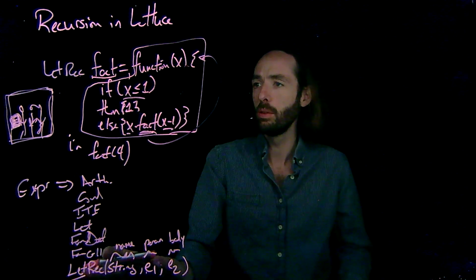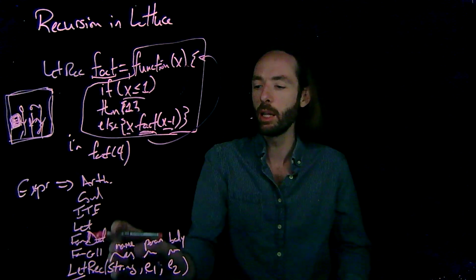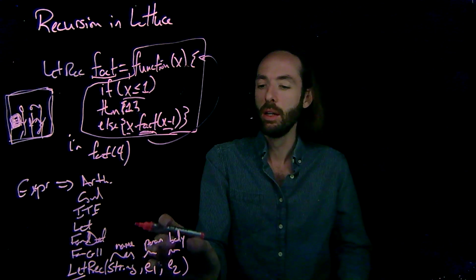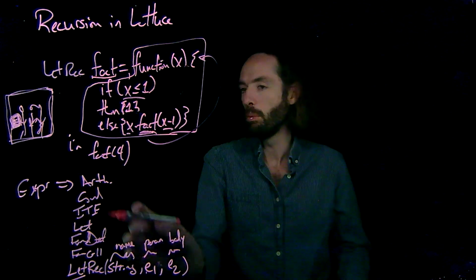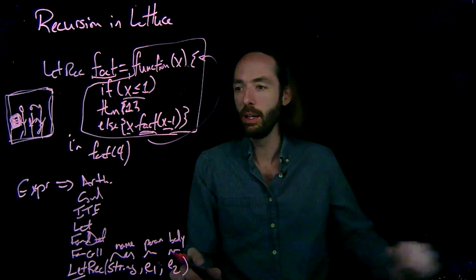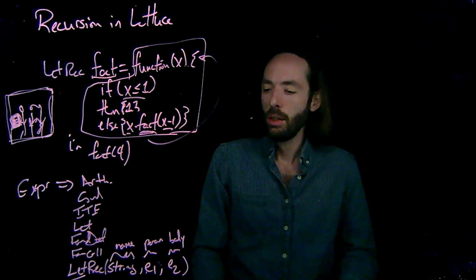So again, what is necessary here? I see we have our name, that's here. We have our parameter string, that's this expression. And then we have a body here, which is going to be this unit, the body of my function. So that's not too bad.